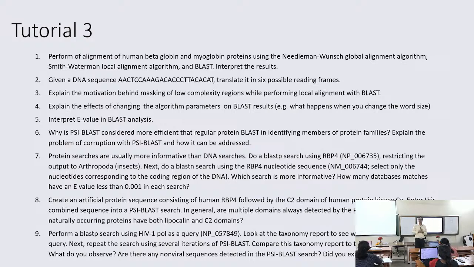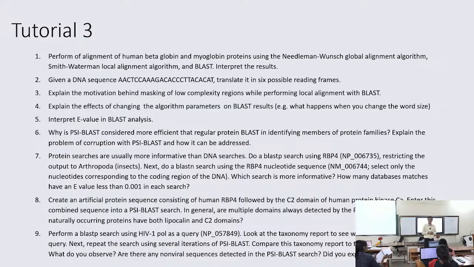So you would want to say that when you use PSI-BLAST, the matrix that is used becomes customized to the query, which means that it represents the family that the query belongs to.